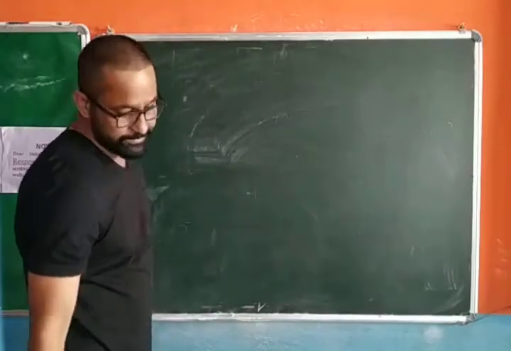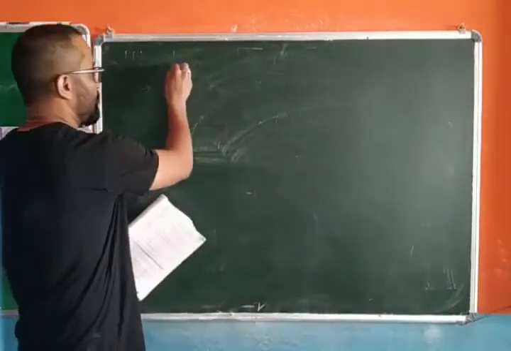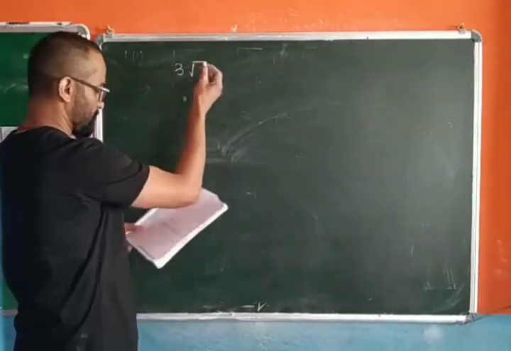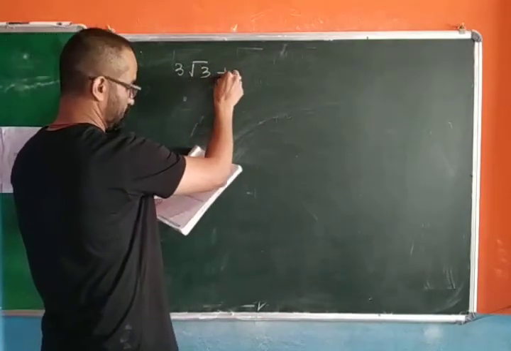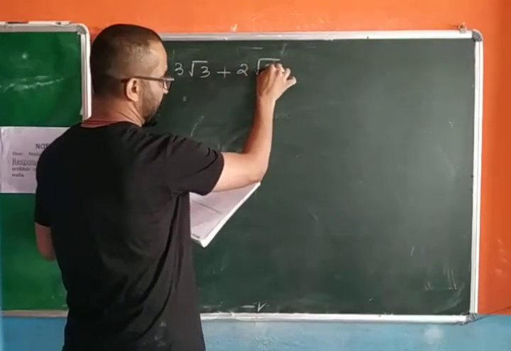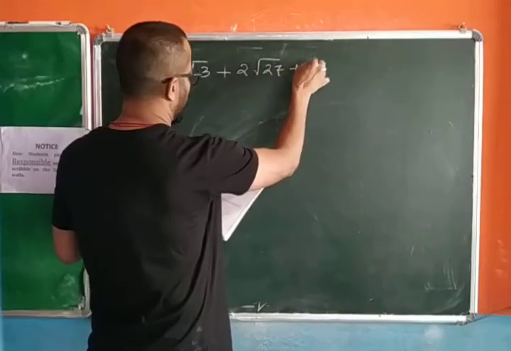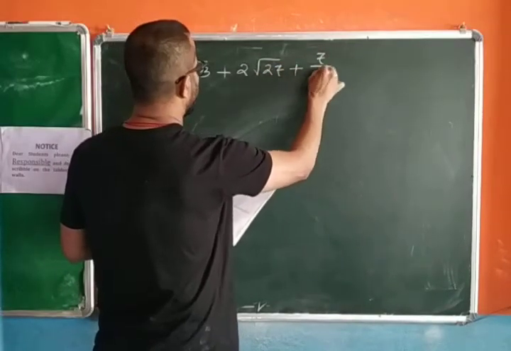The question says simplify: 3 root 3 plus 2 root 27 plus 7 by root 3.